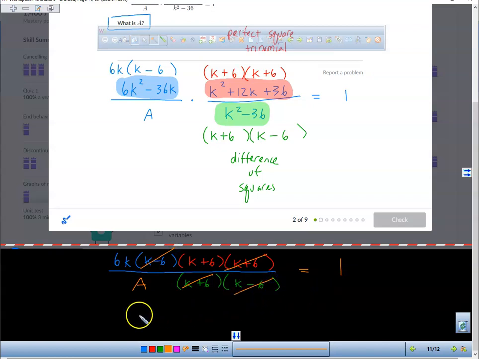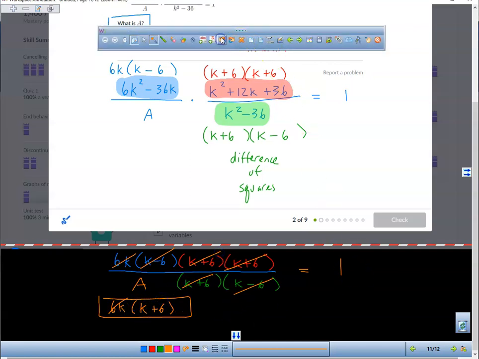What's the only thing left? 6k and a k plus 6. If I had both of those down there, everything would cancel out to a 1. That's what a is equal to. Now, a is not equal to 1. A would have to equal 6k times k plus 6 so that everything would cancel to a 1.